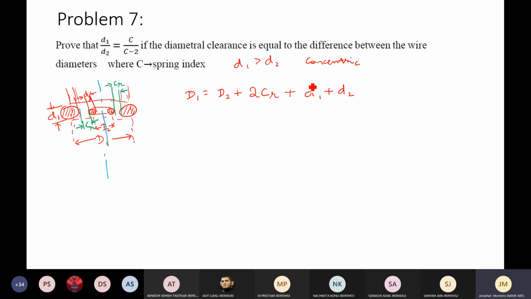So half plus half, total full d1. I can write this as 2 times d1 by 2, and again, the small distance that we have left out from CR to here, so this is 2 times d2 by 2.